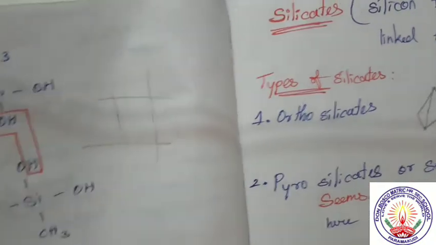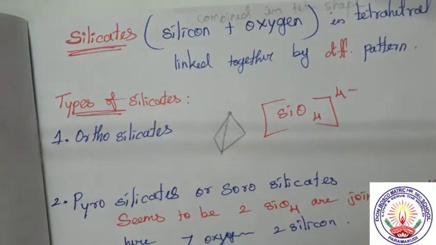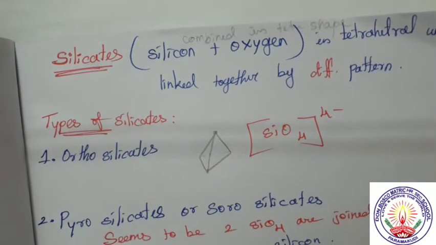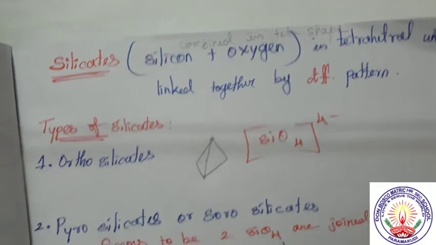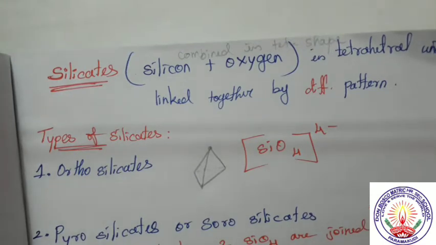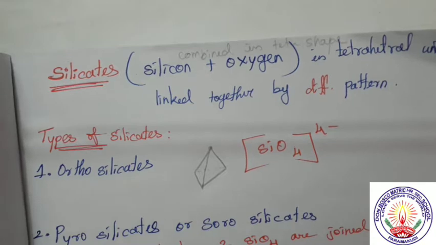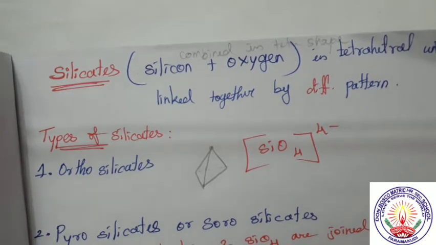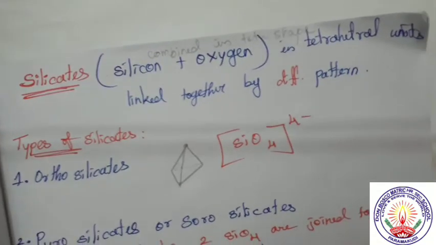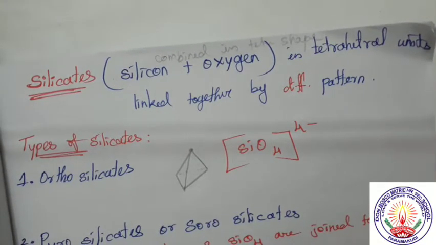Next we shall see silicates. Silicates are nothing but a combination of silicon plus oxygen. They have the shape of tetrahedral units. They are linked together, joined together with different types of patterns.